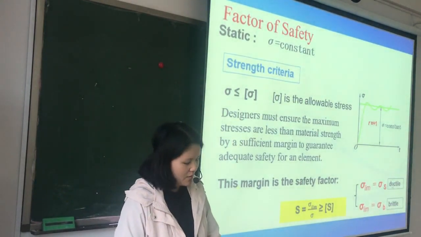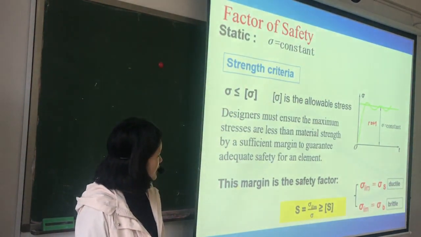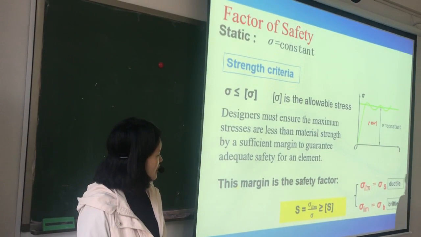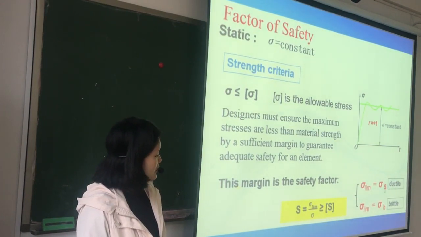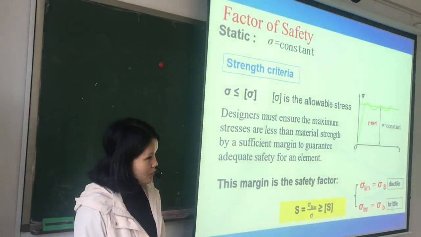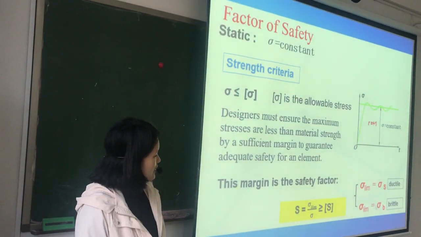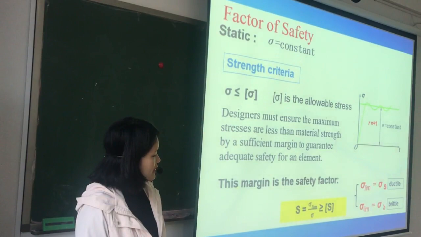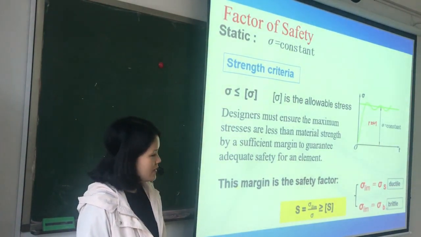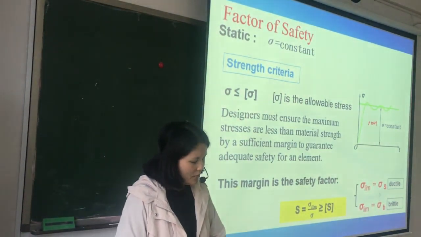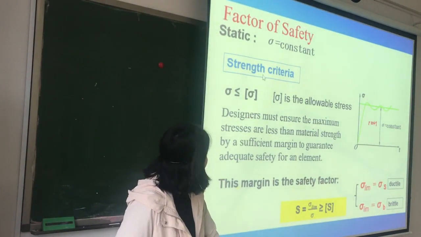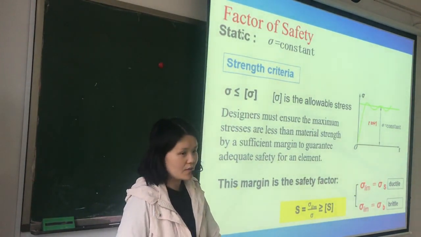For ductile material, we choose the stress limit as the yield stress, and for brittle material, we choose the stress limit as the tensile stress, sigma B. This is for the static stress.